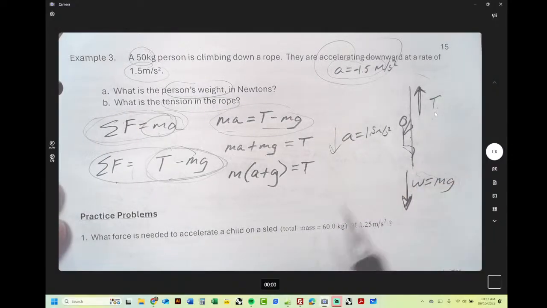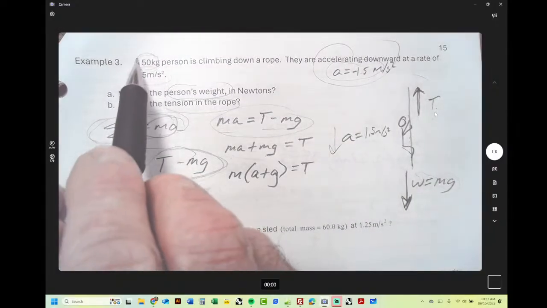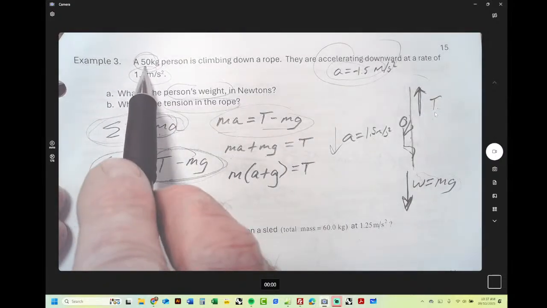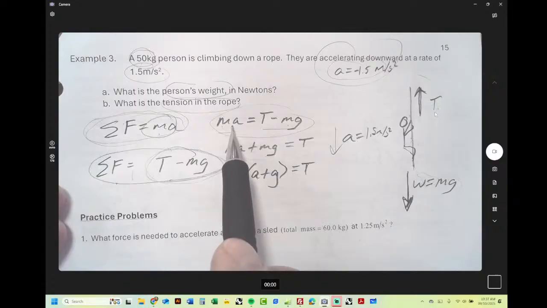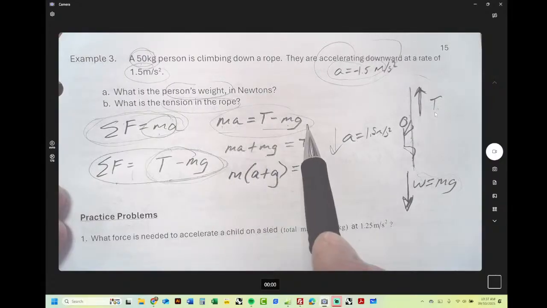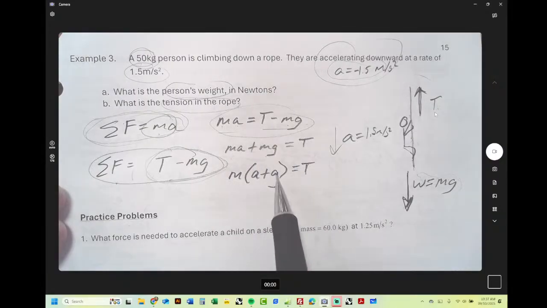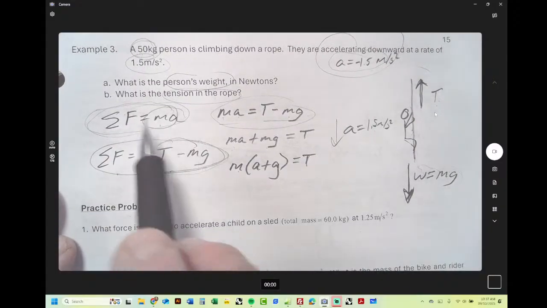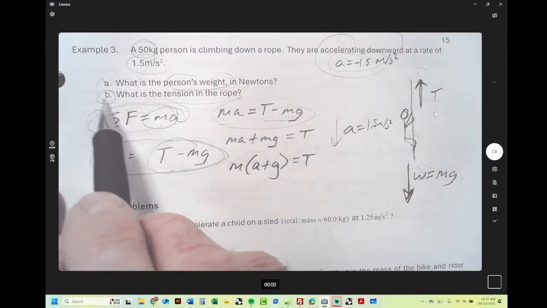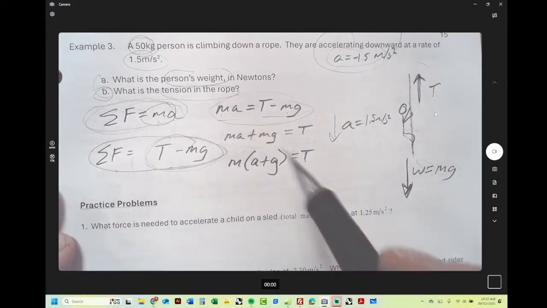The reason this is simpler is if you start plugging in masses, if we hadn't done that, we'd have 50 over here and we'd have 50 over there, and then we'd have negative 1.5 here, 9.8. So I've just saved myself one thing I have to put into the calculator. Instead of having to put in 50 twice, now I just have to put it in once. So there were two questions. I'm doing part B first. What's the tension in the rope?